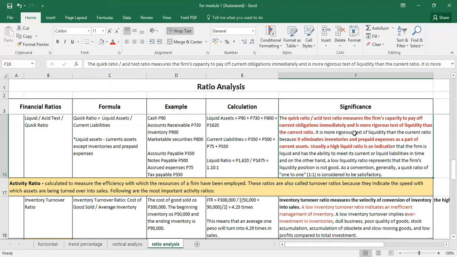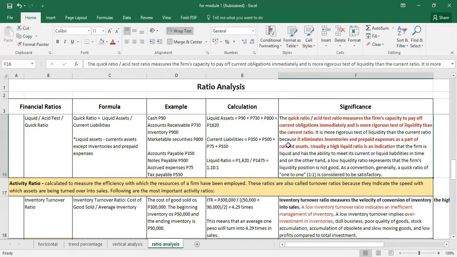Sinasabi na mas rigorous siya. Why? Kasi tinatanggal na natin from our current asset yung mga current assets na mahirap i-convert into cash. It is more rigorous because it eliminates inventories and prepaid expenses as part of current assets. So, ano ba yung mga inventories?